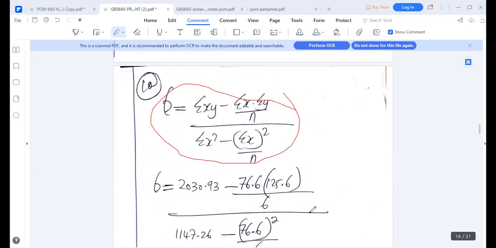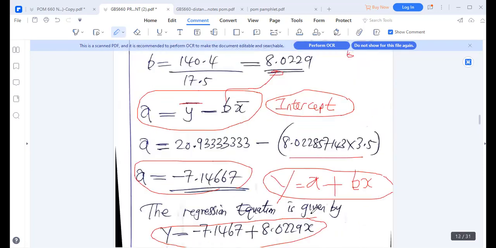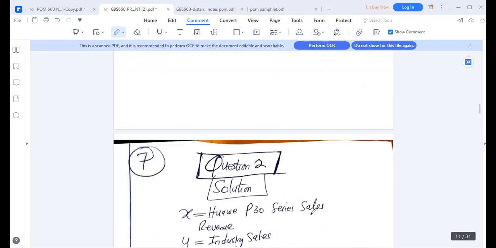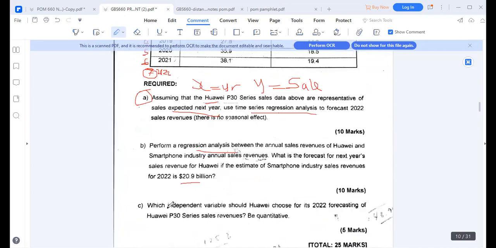Now, here they are asking us to do the last part of the question, where they're saying which independent variable, between the time or the other one, should this company choose for its 2022 forecasting of the sales revenue? Be quantitative, 5 marks.